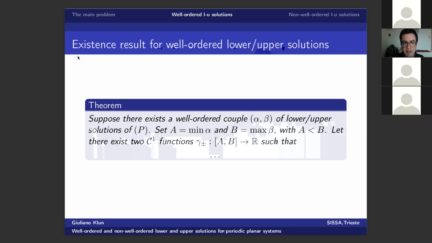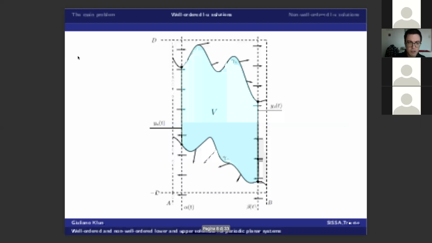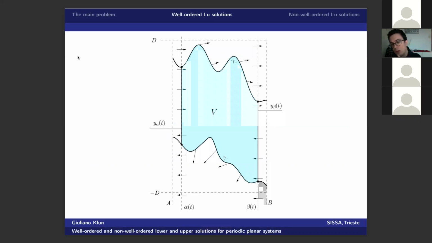Suppose that there exists a well-ordered couple of lower and upper solutions of the problem P, and we set capital A and capital B to be respectively the minimum and the maximum of alpha and beta, and we suppose clearly that A is less than B. We have to suppose that there exist two C1 functions that we call gamma plus and gamma minus, defined on the interval [A, B] in R, such that this condition holds.